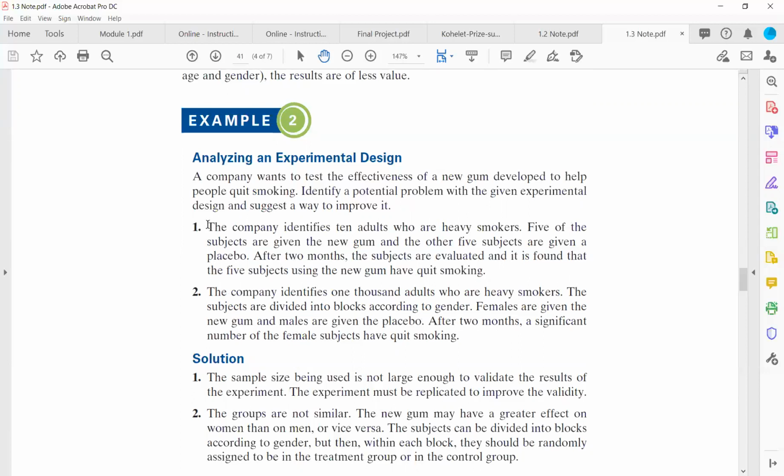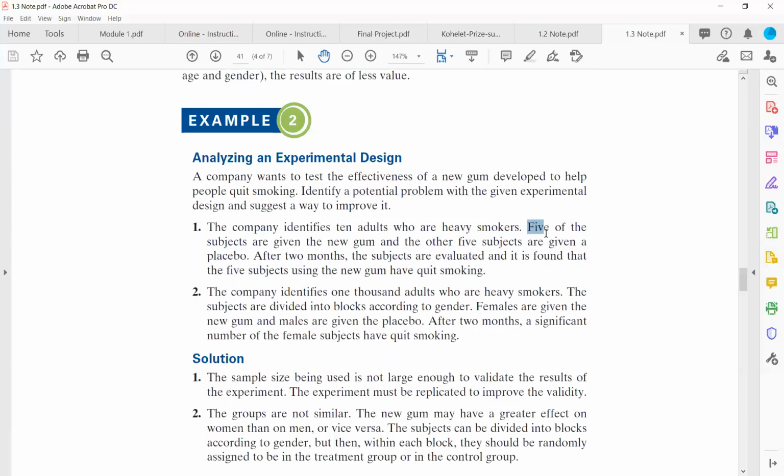What's wrong with the first study? First of all, the size, the number of people in your sample, is not very good. It's just 10 people. So we prefer to have more people in our sample. This is the very first problem.